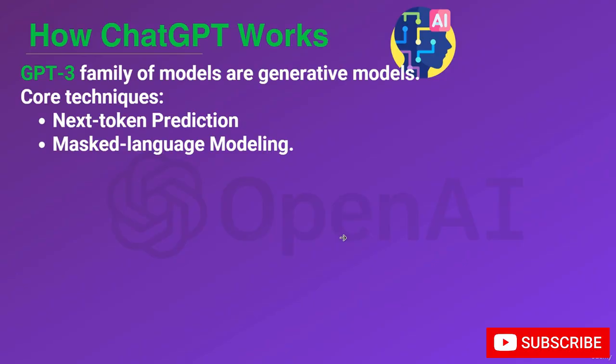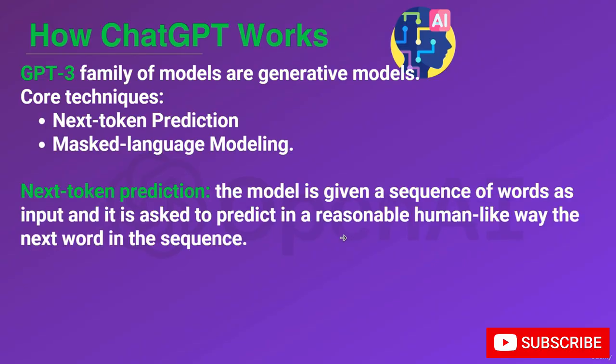GPT-3 family of models, and this includes GPT 3.5 Turbo used by ChatGPT, are generative models. The core techniques used for training are next token prediction and masked language modeling. Next token prediction means that the model is given a sequence of words as input, and it is asked to predict in a reasonable human-like way the next word in the sequence.